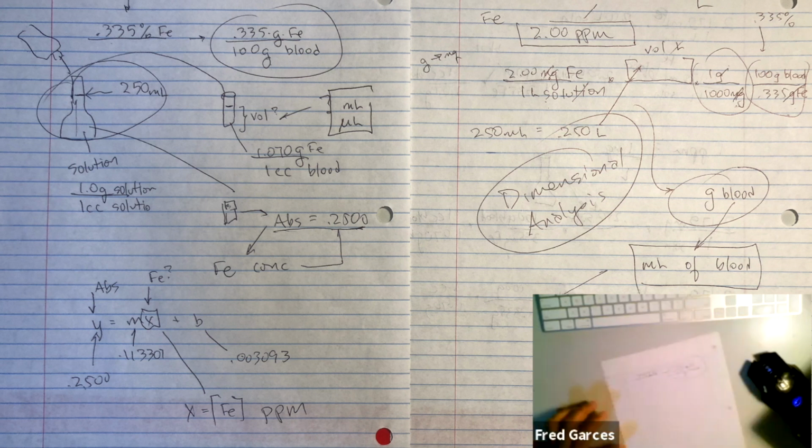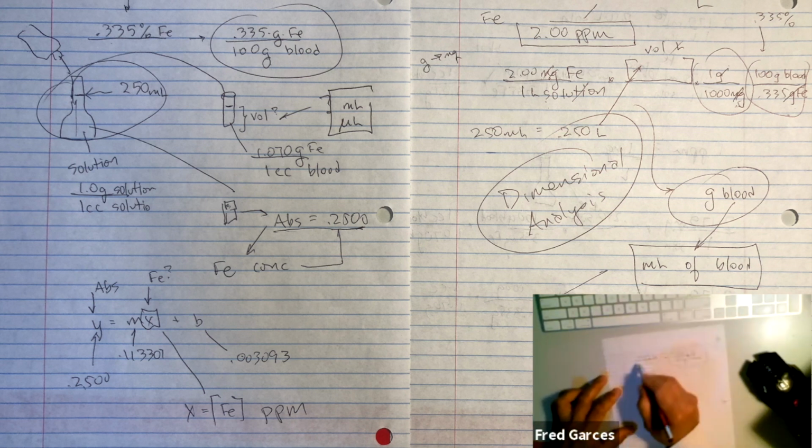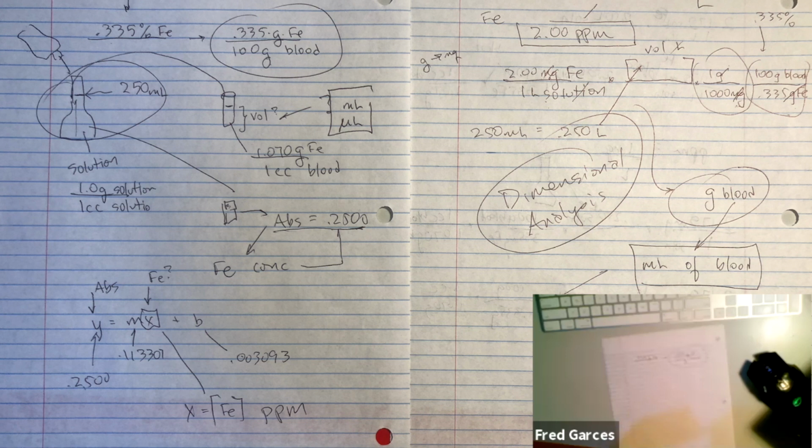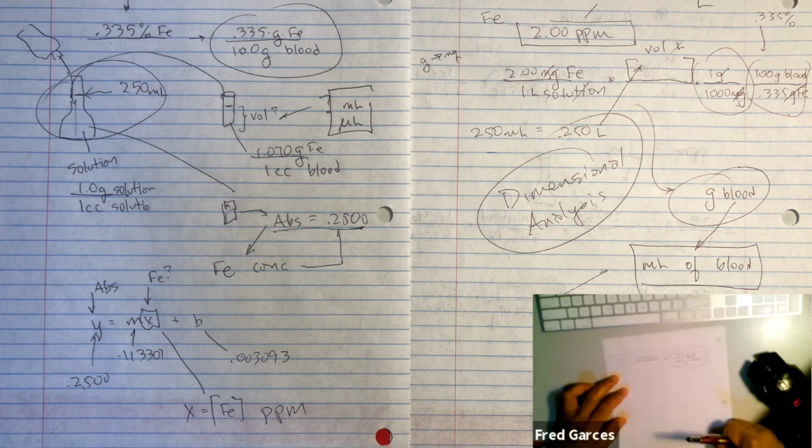That's what you guys have got to learn about some of these things, is that this 0.335%, you've got to expand it to both the solute and the solution. And that 0.335% means 0.335 grams iron in 100 grams of blood, because 0.335 divided by 100 times 100 is 0.335%. So that's the first thing that you have.